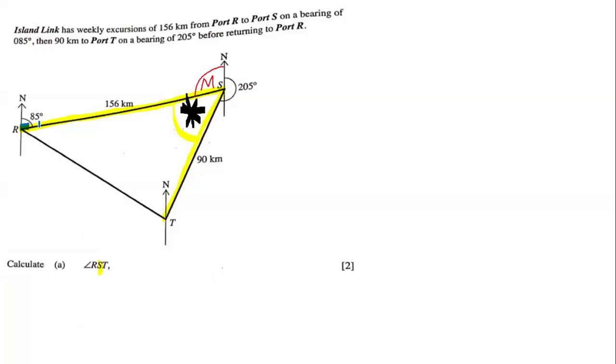So we have this line, and then this one goes this way, and this one goes this way as well.